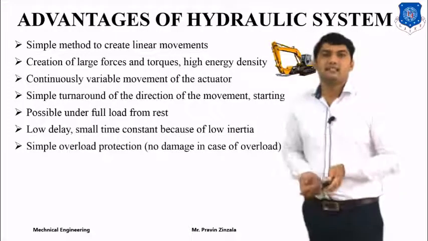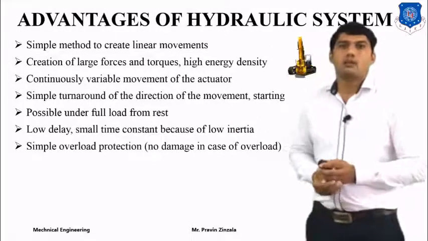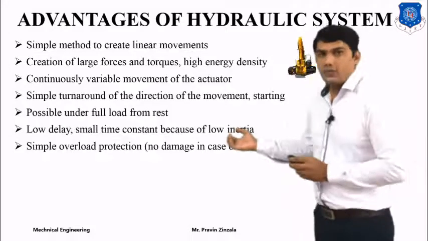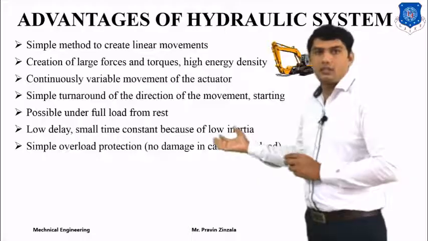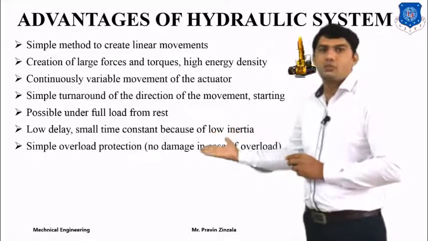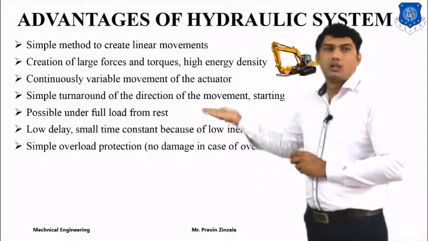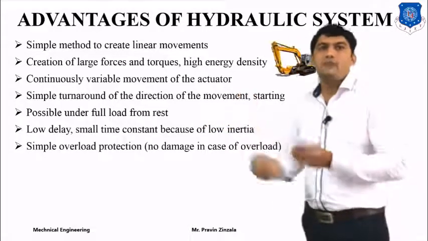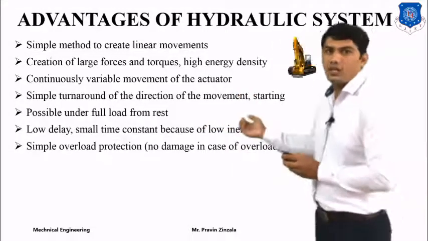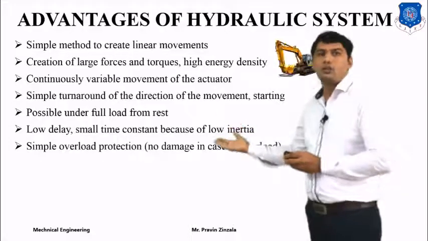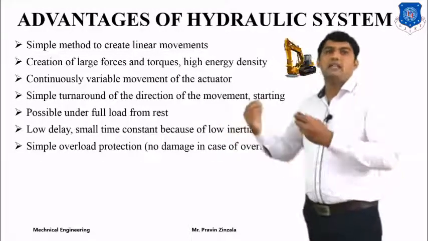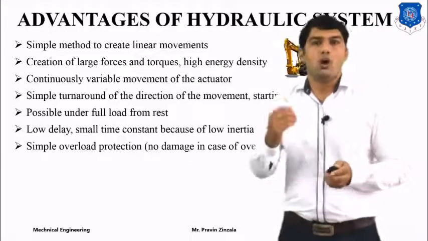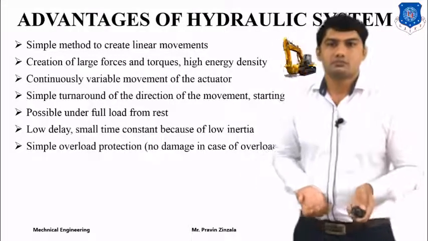The next advantage is simple overloading protection. For example, if we are using the hydraulic system for lifting a 100-ton weight, we can easily lift 100 tons. But if we try to lift 110 tons, it will not lift, so we can also use it for overloading protection.